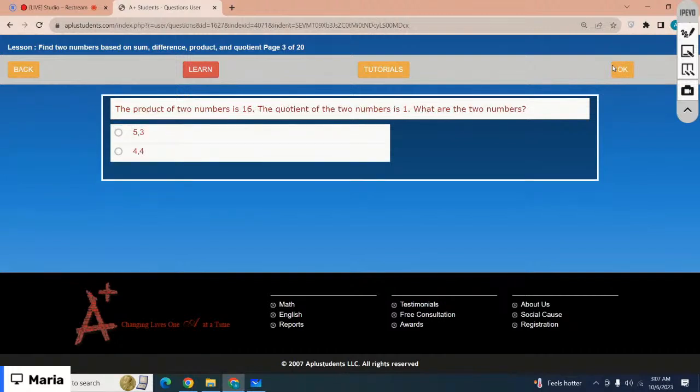The product of two numbers is 16. The quotient is 1. What are the two numbers?